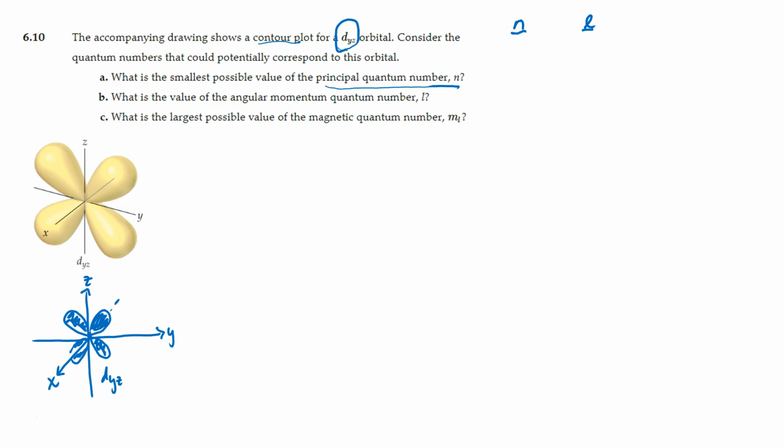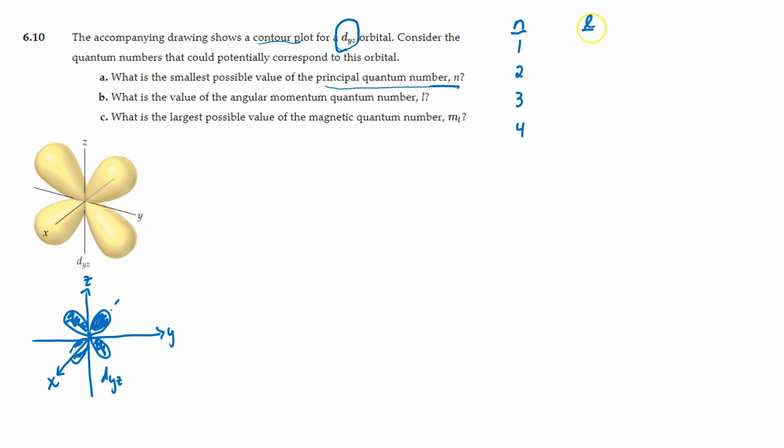Remember, the allowable values for n are 1, 2, 3, 4, maybe all the way up to 6 or 7. Remember, this tells you the shell in which the electron is located. Or if we think back to our analogy, what building is the electron located in?